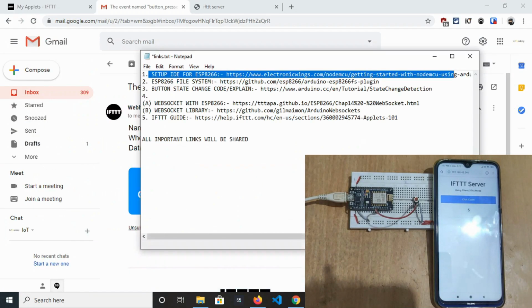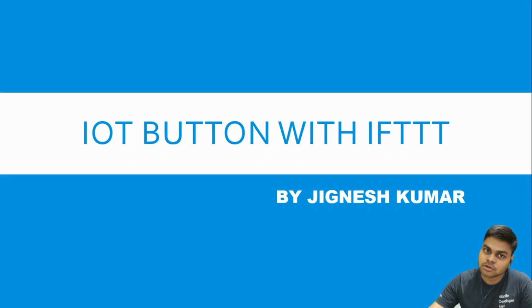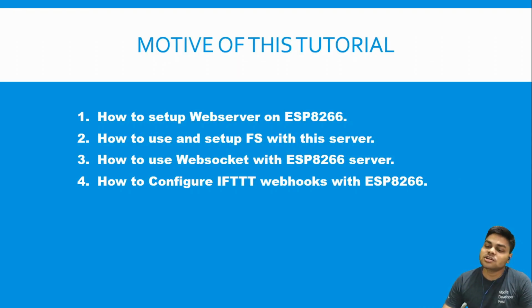So let's begin. Now we are going to discuss these things. The motive of this tutorial is to set up this ESP8266 web server, and we are also going to use the SPIFFS of ESP8266, basically the file system, and we are also going to use the WebSocket in ESP8266, and we are going to send data from the ESP8266 to our web page, and we will set up this WebSocket on the JavaScript end as well as in the Arduino sketch.